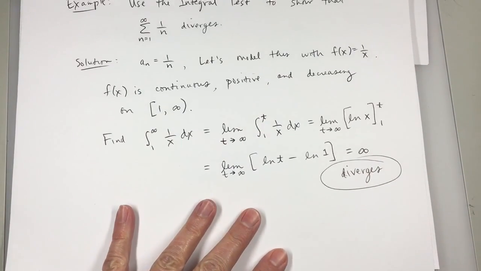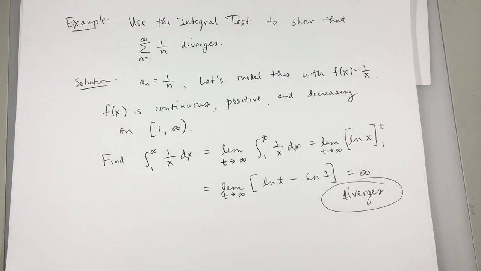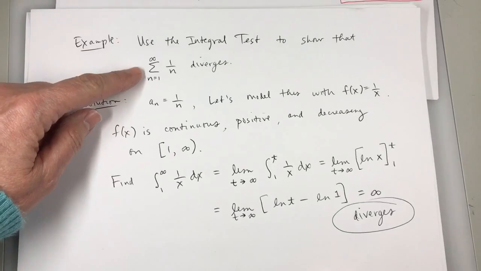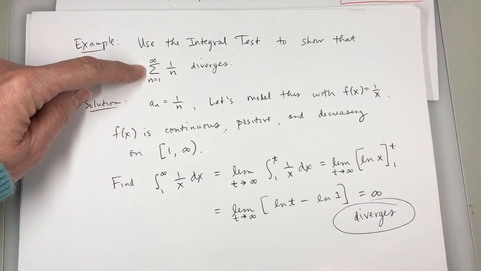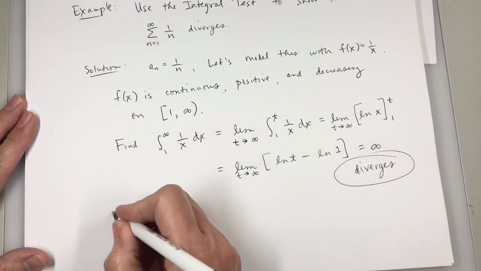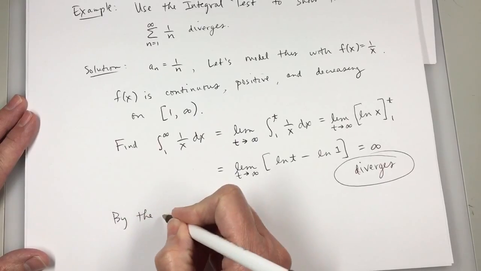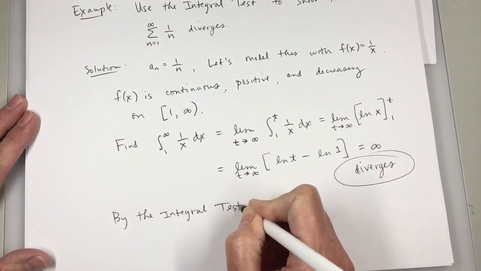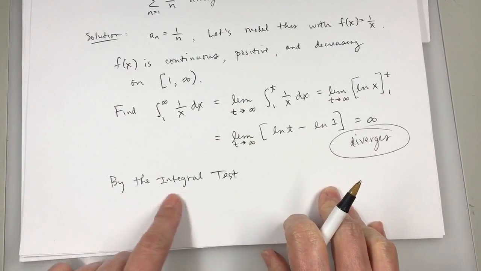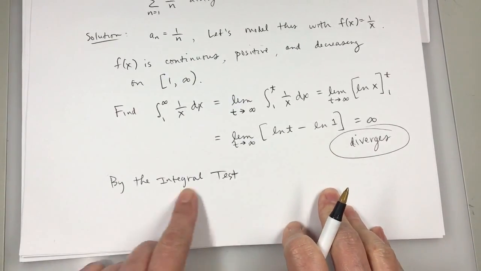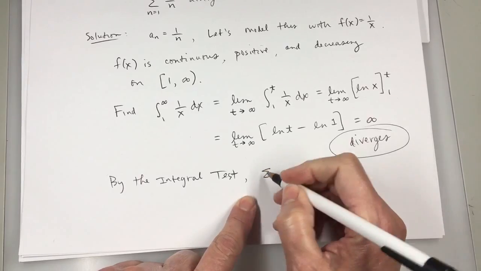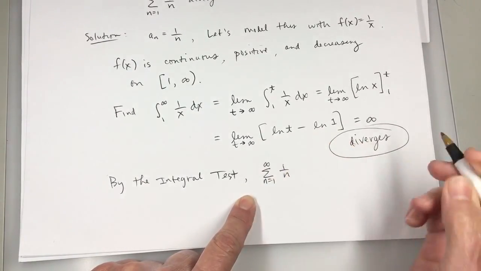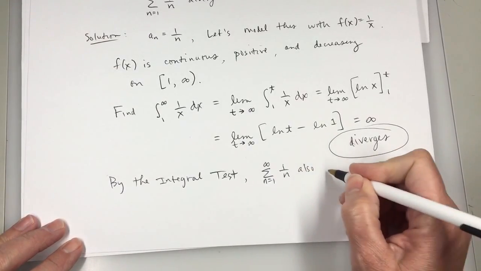And because of the integral test, if and only if this diverges, this diverges. So I'm going to write by the integral test. When you take the test next week, let us know what test you're using. By the integral test, this series, as n goes from 1 to infinity of 1 over n, also diverges.